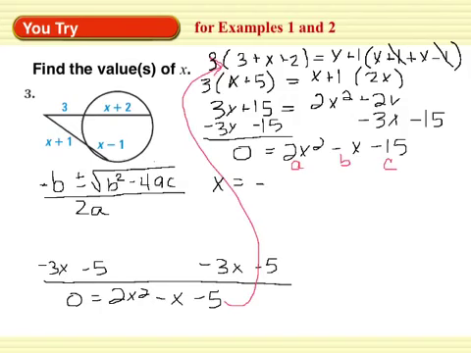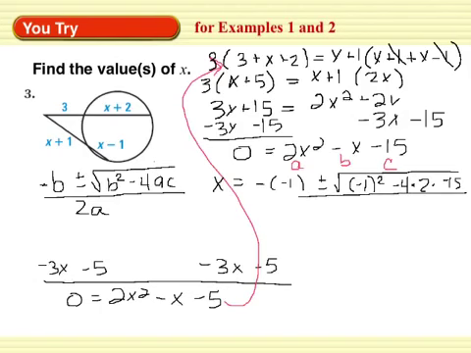So negative negative 1 plus or minus the square root of negative 1 squared minus 4 times a times c all over 2a. Simplify, I get 1 plus or minus the square root of 1, negative 4 times 2 times negative 15 is positive 120.